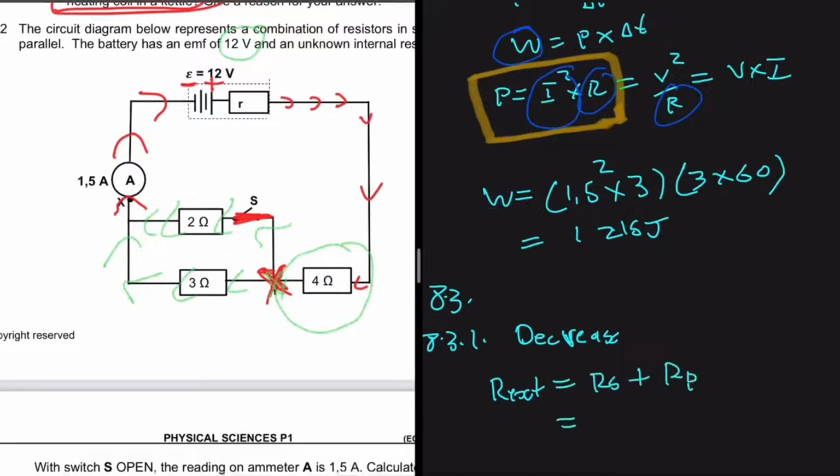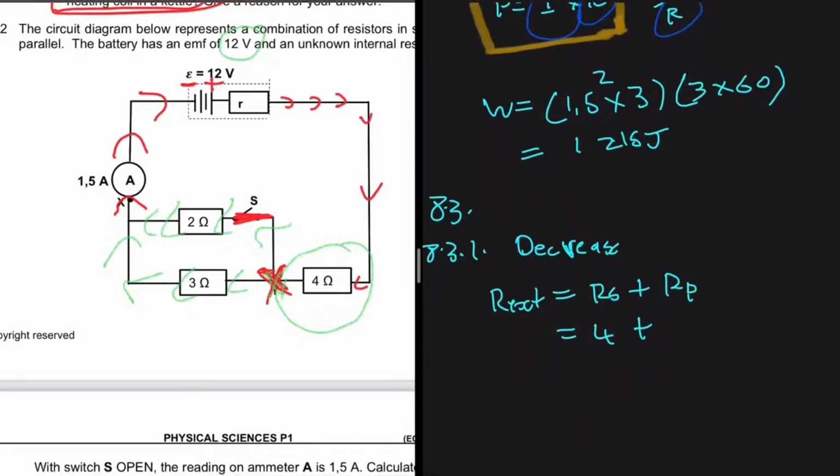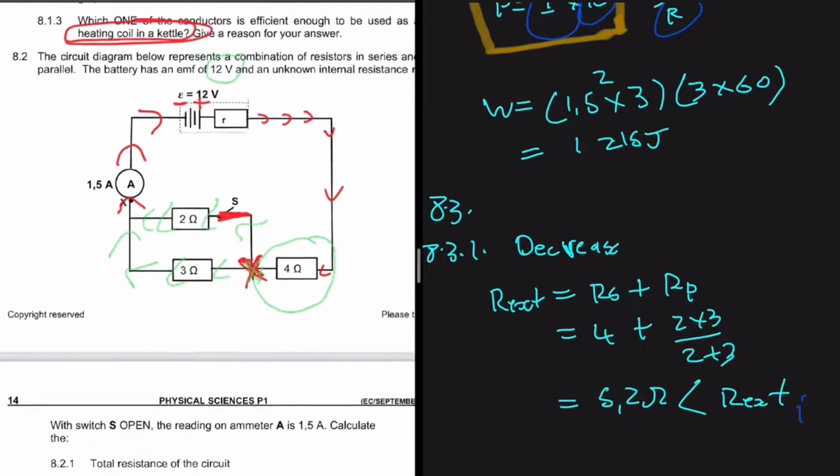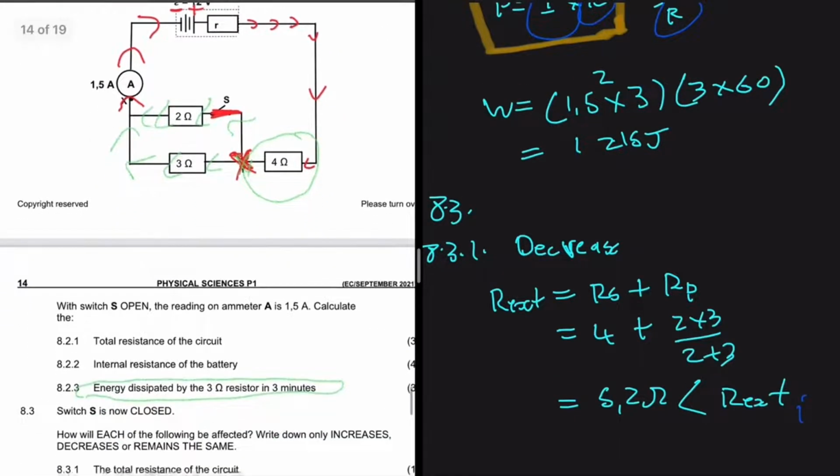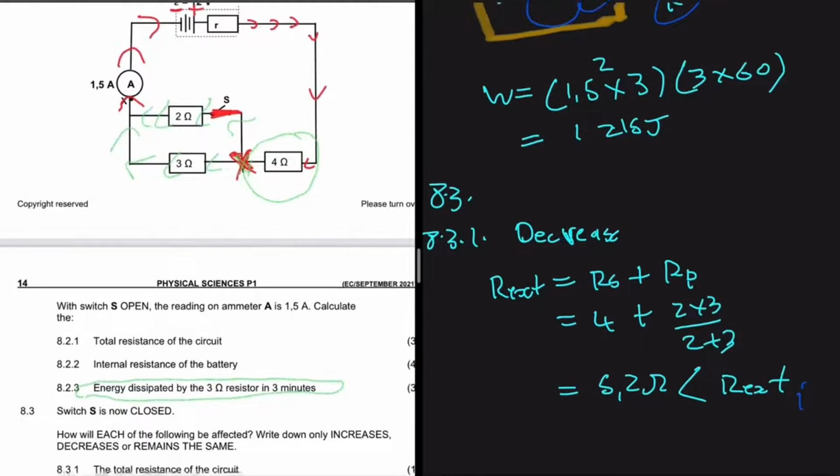This is going to be 4 ohms plus the 3 and the 2 ohm in parallel: 2 multiplied by 3, divided by 2 plus 3, and that is equal to 5.2 ohms. Clearly this is less than the R external we had initially, which was 7 ohms. So if we close that switch, the total resistance of the circuit will go down.